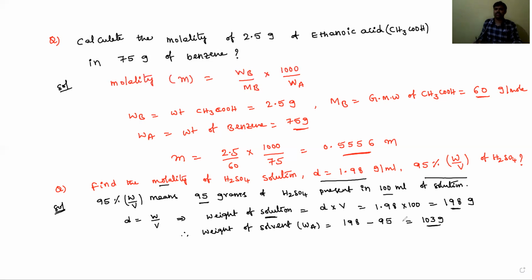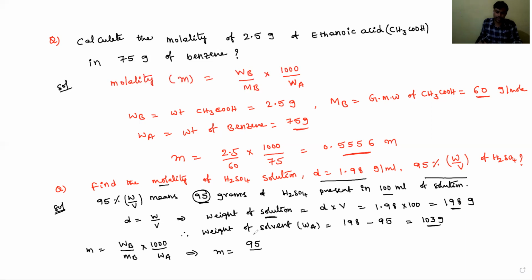Now the molality formula: molality is equal to weight of solute divided by gram molecular weight of solute, into 1000, divided by weight of solvent. The weight of solute is 95 grams of H2SO4.